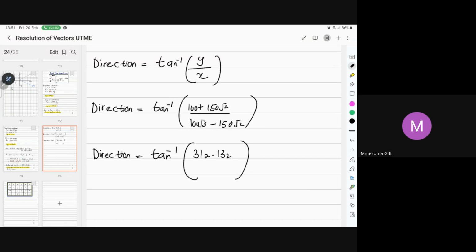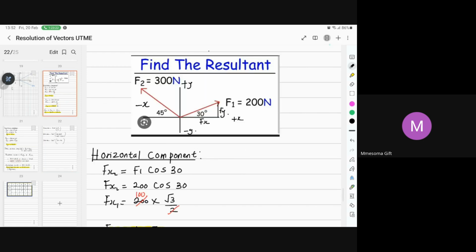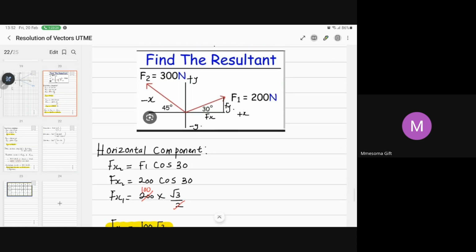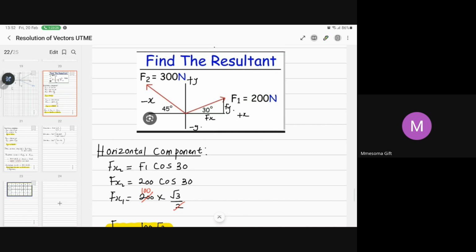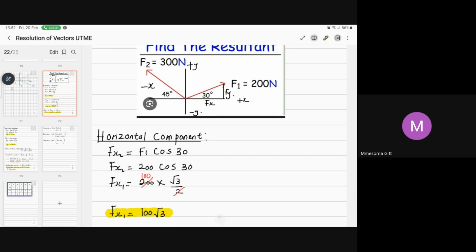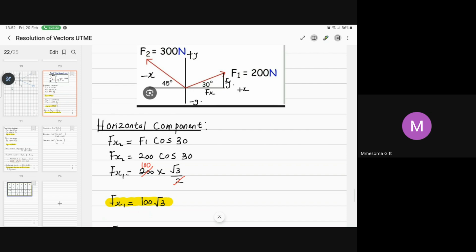Then I have 100 root 3 minus 150 root 2. That's giving me a minus sign. Is there any error with this? So F12 will give me this, right? F12 will give us this, so minus 45. Okay, makes sense.